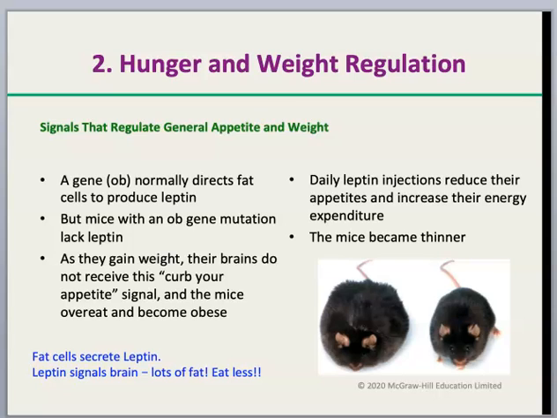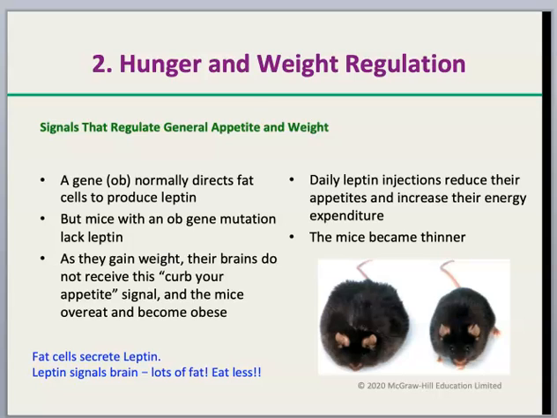They did an experiment with rats, as they usually do, whereby the gene OB, which is the obese gene, normally detects fat cells to produce leptin. These rats have an OB gene mutation, which basically means they're not going to secrete leptin, which means that nothing's telling their brain to stop eating.